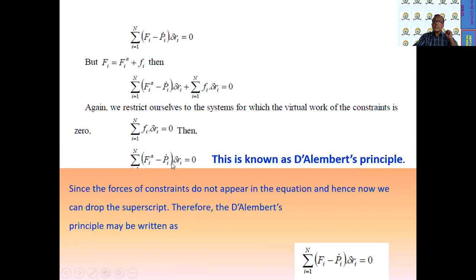That means in this D'Alembert's principle, the superscript A, that is the actual force acting on the particle, need not be written. So we can remove the superscript A, and finally we can write this equation as summation i goes from 1 to n (Fi minus pi dot) delta Ri equals 0. And this equation is the final form of D'Alembert's principle. So this D'Alembert's principle we have derived from the principle of virtual work of the constraint.